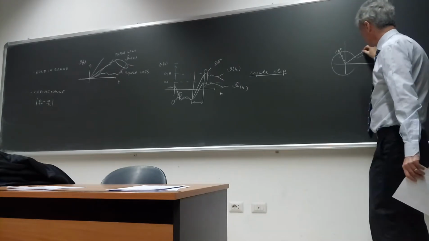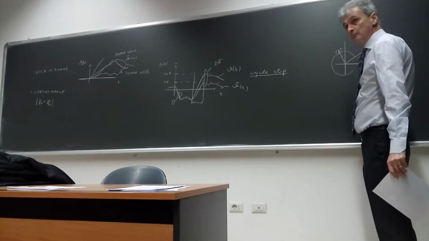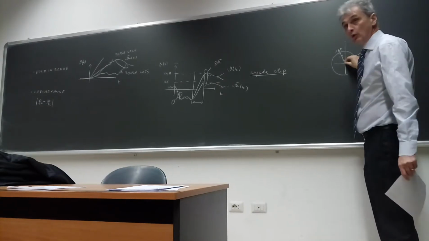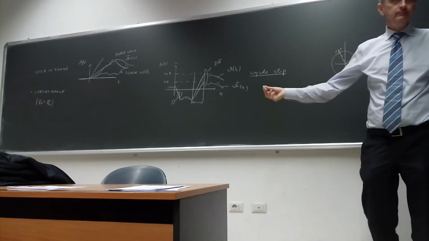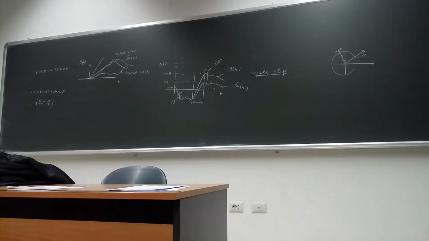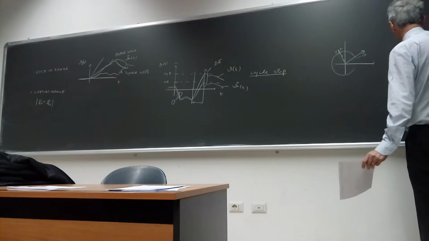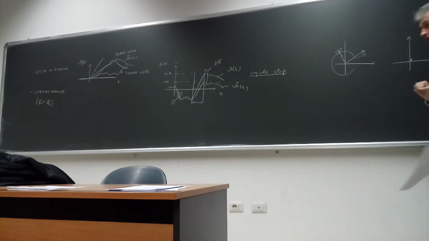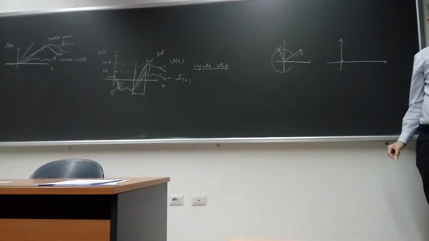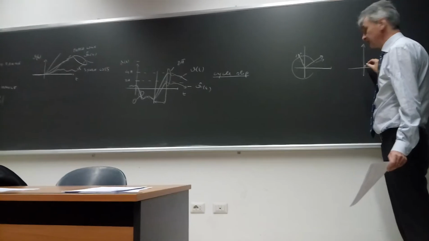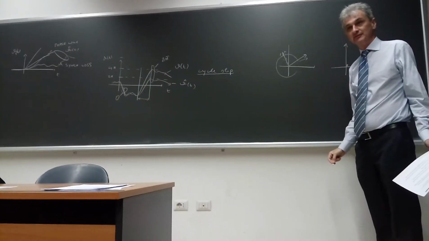What happens when, due to the noise, the amplitude of the input becomes small? It can no longer be tracked. So if at a certain time instant the input signal is like this, it becomes difficult to measure the phase.